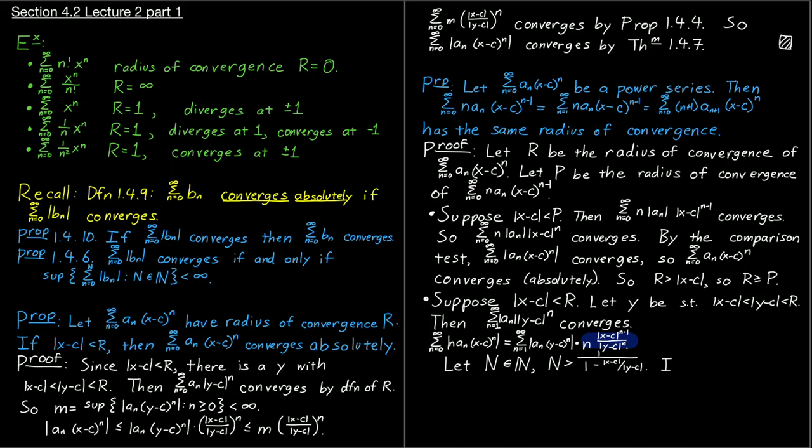And then if little n is greater than or equal to big N, I think I will skip some algebra here. Then what we end up discovering is that (n minus 1) over n is bigger than |x minus c| over |y minus c|. You can do this with a little bit of algebra.